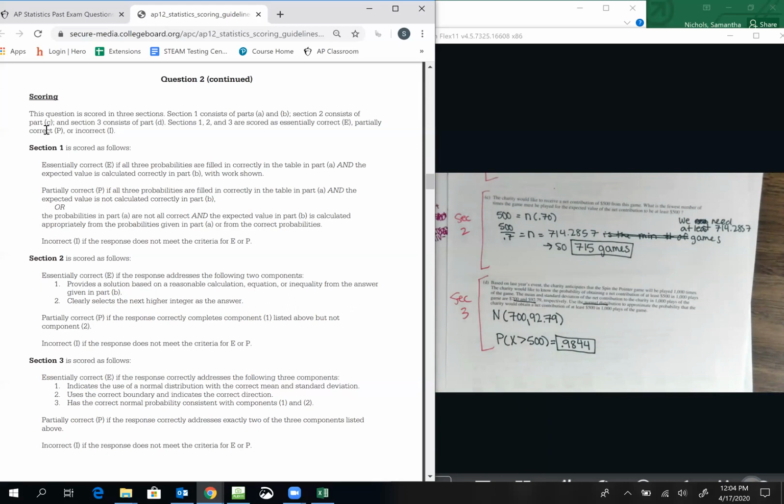So in section 2, essentially correct if we have the following 2 components. We provide a solution based on a reasonable calculation, equation, or inequality from the given part in B. And you clearly selected the next highest.